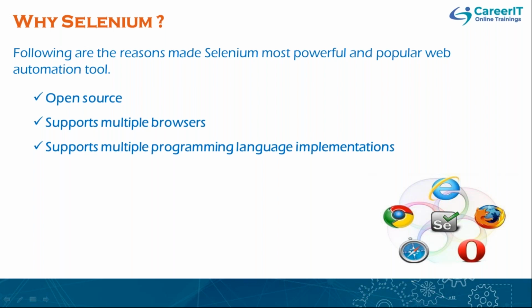Next thing is it supports multiple programming language implementations. Selenium is supported by several programming languages, like you can use Selenium with Java, Python, PHP, Ruby, JavaScript, or Node.js. If you are good at any one of these, suppose you are good at Java, you can use Selenium with Java. Or if you are good at Python, you can use Selenium with Python.